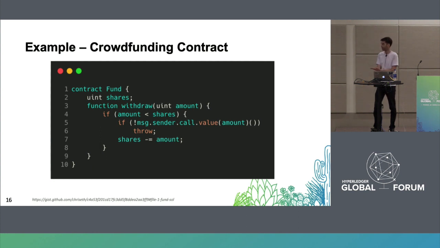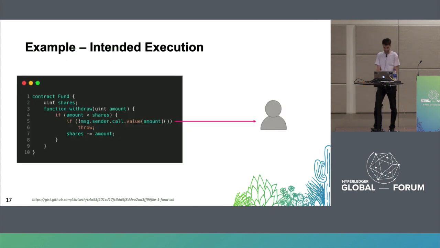Now this code here is vulnerable to a reentry attack. We're going to go through how and why, and then show how formal verification, and specifically how an invariant, could have prevented this from happening. So this is the intended execution of this contract and how the developer intended it to work.